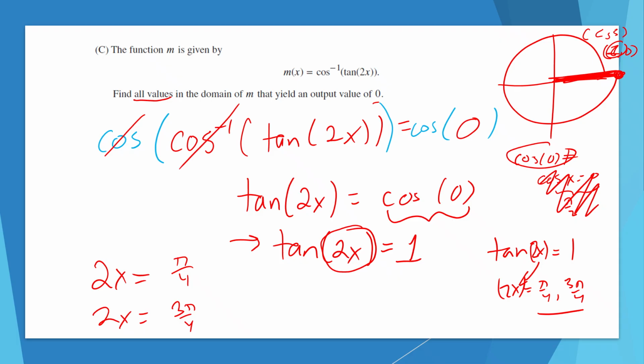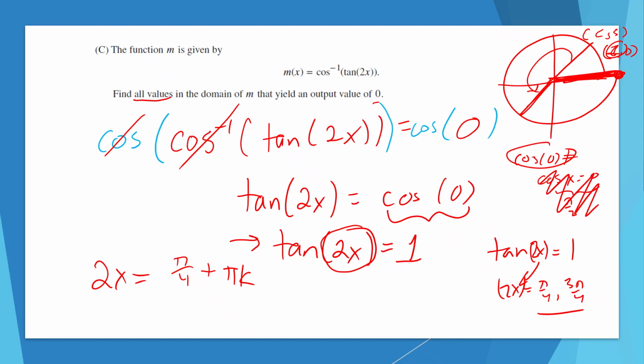And here, one thing that's nice about tangent is even though we have both unit circle values, you actually only need one, but instead of adding plus 2 pi k, we're going to add plus pi k, so we can actually get rid of this second equation here, because pi over 4 plus pi, when k is 1, actually accounts for 3 pi over 4 as a general solution as well. Right?